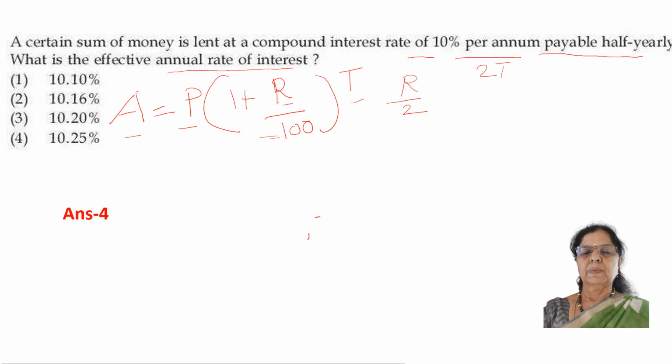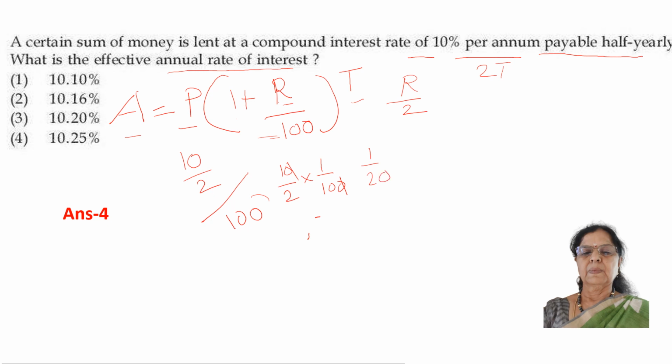Why 10? Because 10 is the rate of interest. So R is 10, but 2 times annually. So 10 by 2 divided by 100. So you should interchange this and multiply: 10 by 2 into 1 by 100. That is what division is, right? Cancelling the zeros, it is 1 by 20.